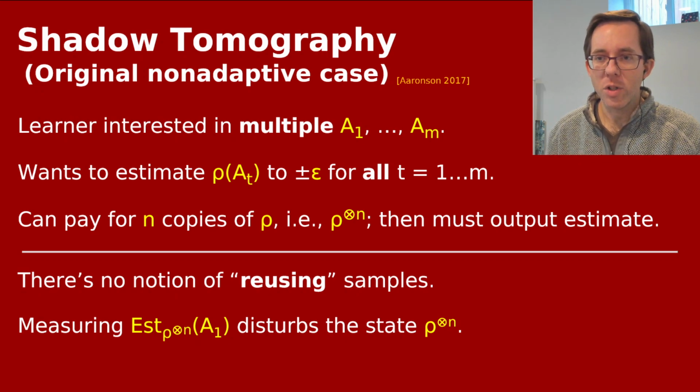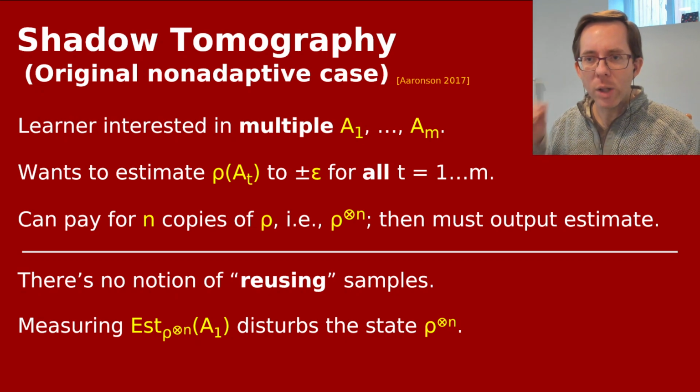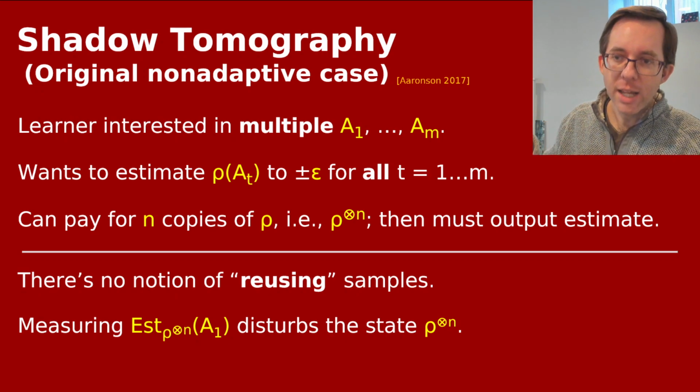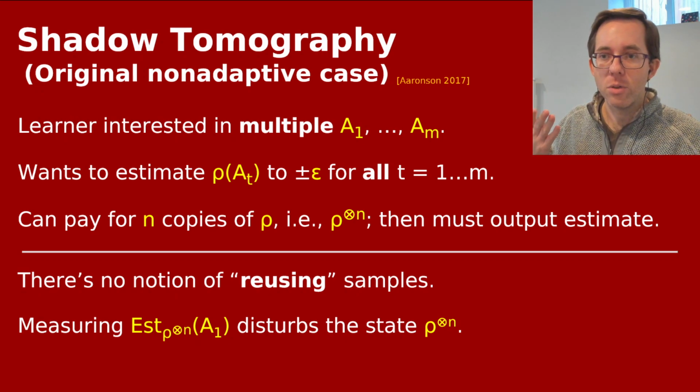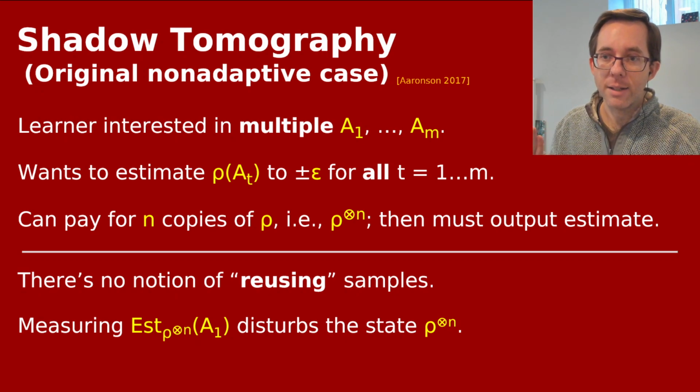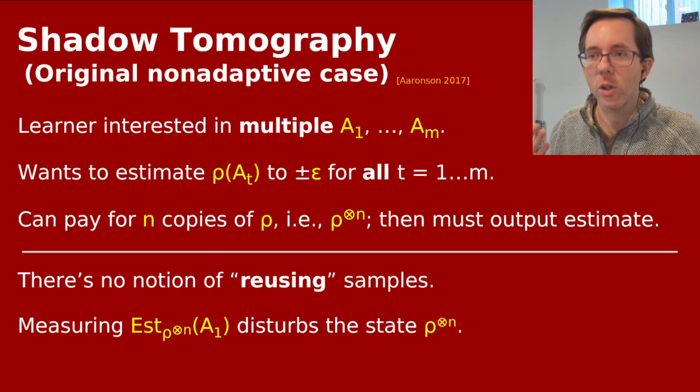Maybe the only thing you could do is try to do them sequentially. But even this has difficulties, because when you pass your state through the A1 measuring device n times in an effort to measure rho of A1, the probability of A1 under rho, even this disturbs the state. When you measure a quantum state, it gets affected.